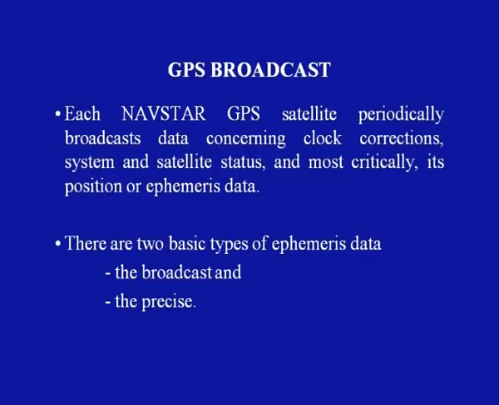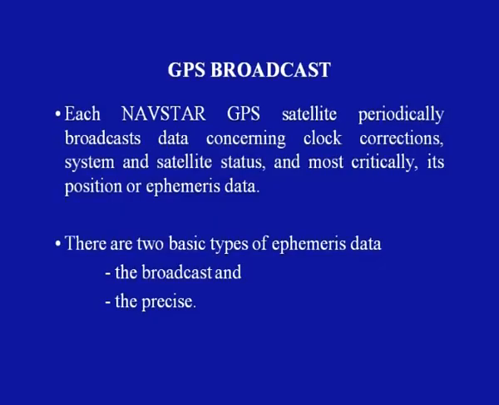In order to understand the process of the data collection procedure using a GPS, it is important to understand what is the message which is being broadcasted by each of the satellites. For this, let us look at what is GPS broadcast.